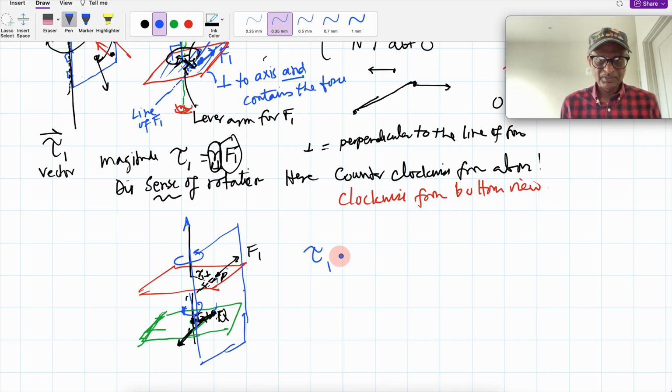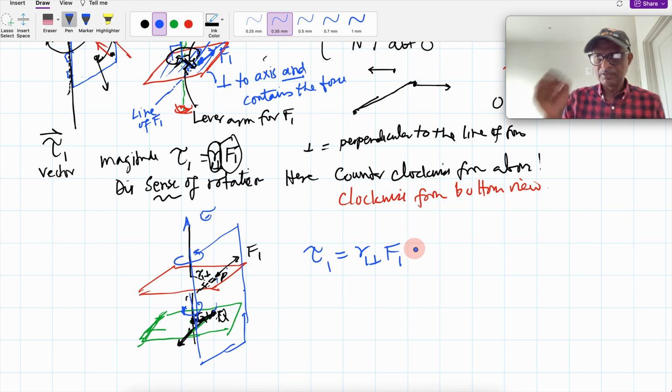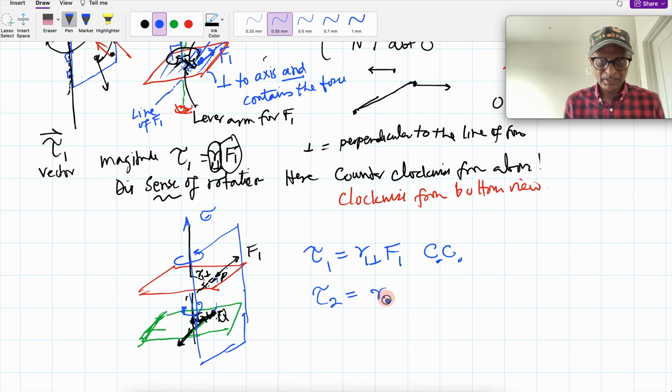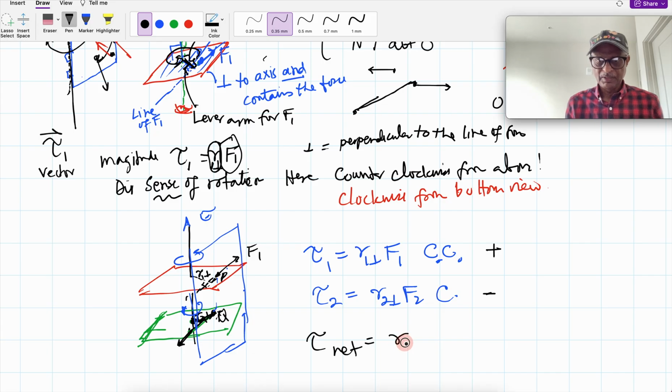So torque 1 is R1 perpendicular F1, and looking from the top, it's counterclockwise, but tau 2 is R2 perpendicular F2, and it's clockwise. So if you say I'm going to call this a plus, then this will become a minus. The tau net will be R1 perpendicular F1 minus R2 perpendicular F2.